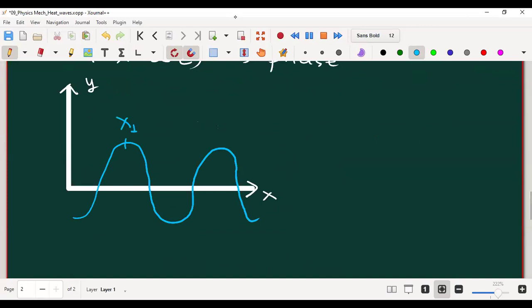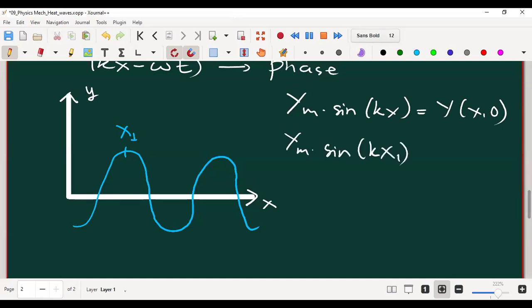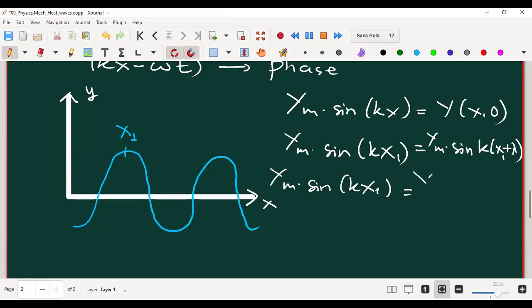We'll get that the equation for this one is ym sin kx, at time 0 seconds. So ym sin kx1 is equal to ym sin(k(x1 plus lambda)), which equals ym sin kx1 plus k lambda. Oh, sorry, k lambda, this one.